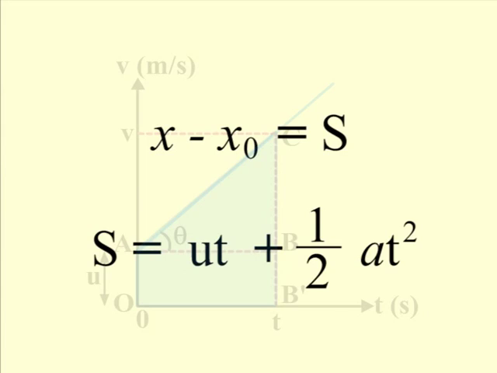This is the generalized expression for displacement as a function of time and helps us to determine the displacement at any time if initial velocity, acceleration, and elapsed time are known.